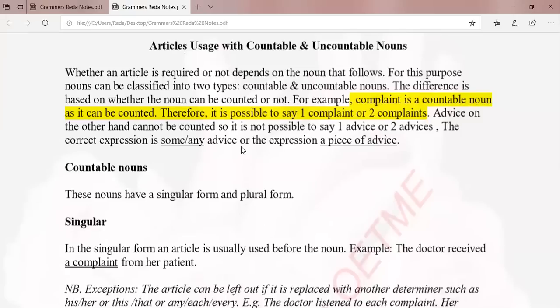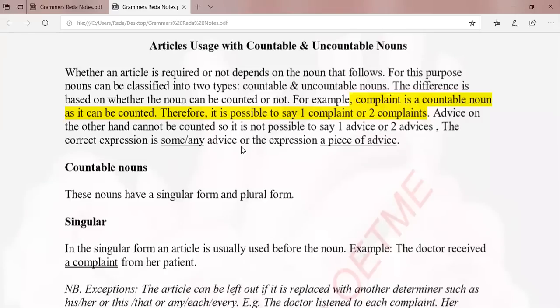The difference is based on whether the noun can be counted or not. For example, complaint is a countable noun as it can be counted: 2 complaints, 3 complaints, 4 complaints. Therefore, it is possible to say 2 complaints, or 1 complaint, or a complaint, or a severe complaint.